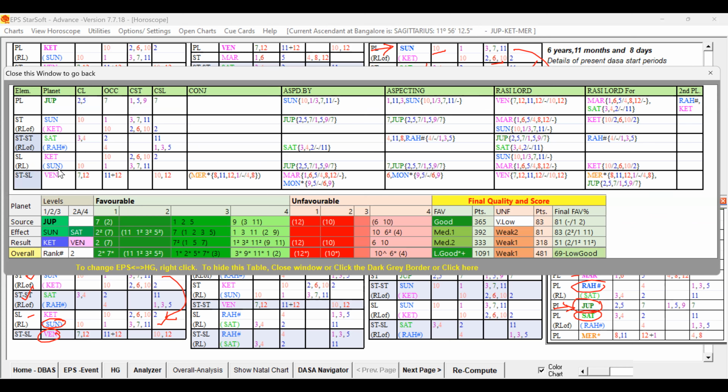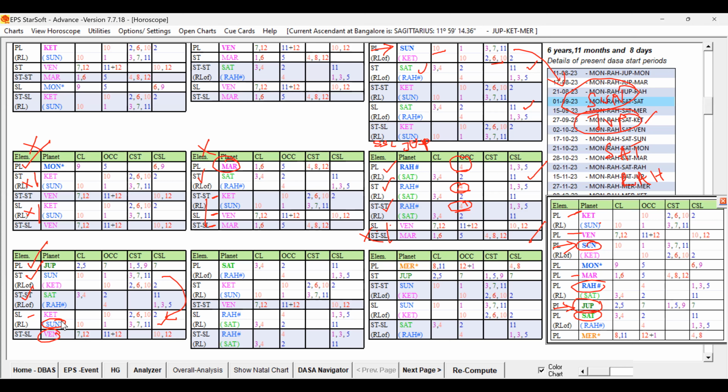Ketu's second planet Sun has the Jupiter. Jupiter is forming a ruler link to the star lord and indirectly passing its influence to the sublord planet Ketu through the second planet Sun. So Jupiter is passing its significations to the star lord and also indirectly to the sublord. That way the ruler link will add strength.